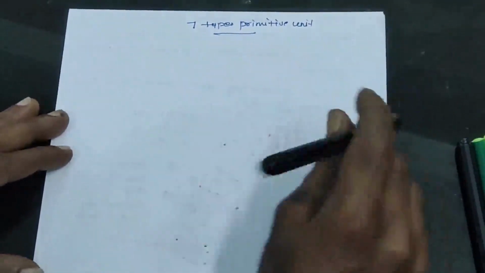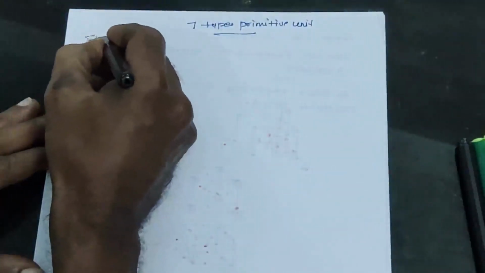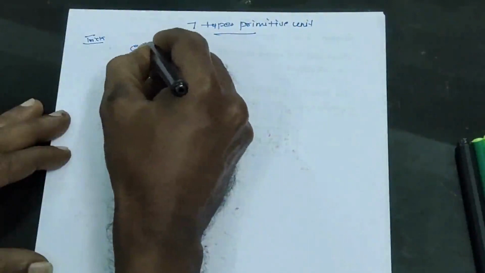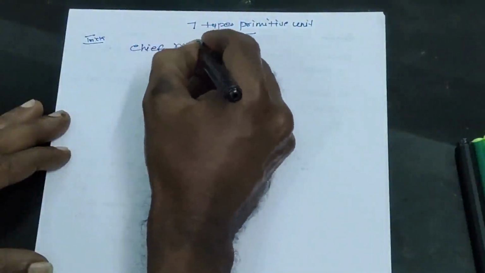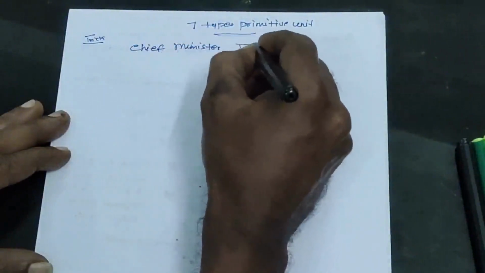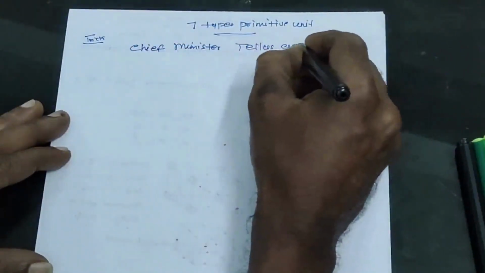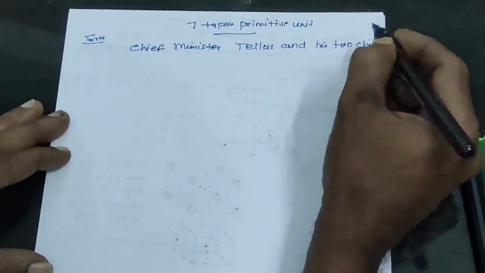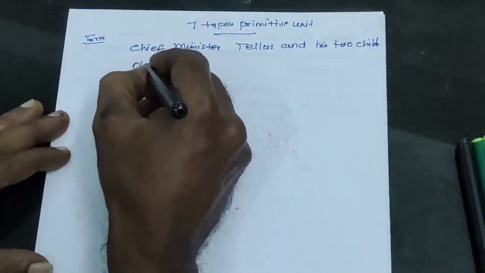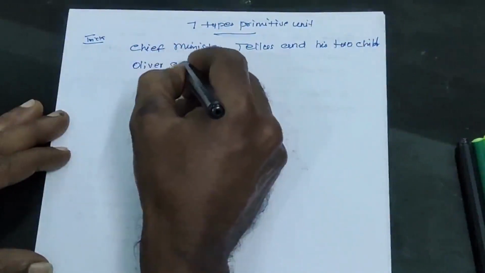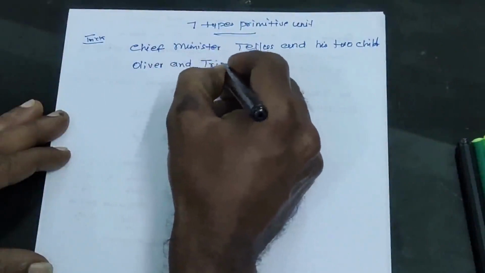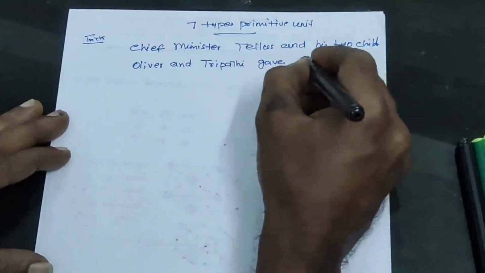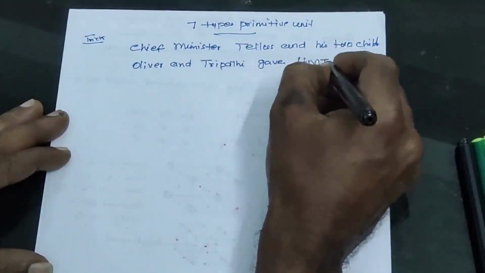So here is a trick: Chief Minister tells us, and his two children, namely Oliver and Tirupati, have an HMT watch.